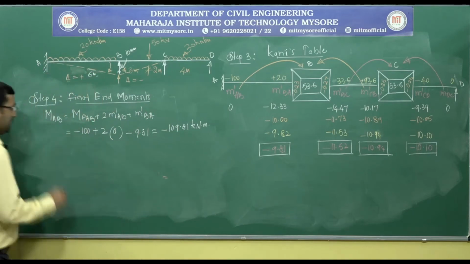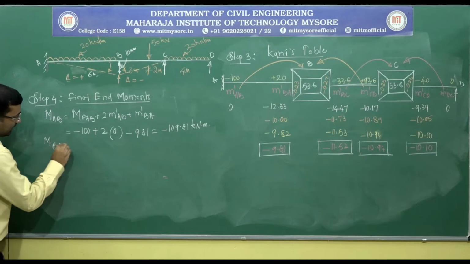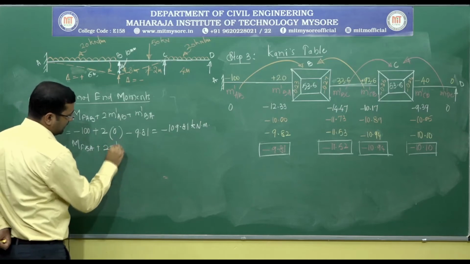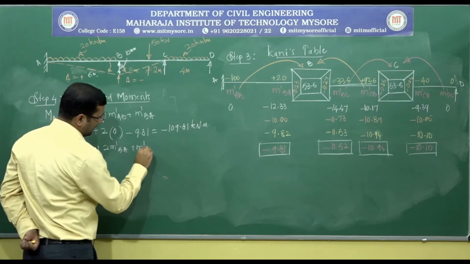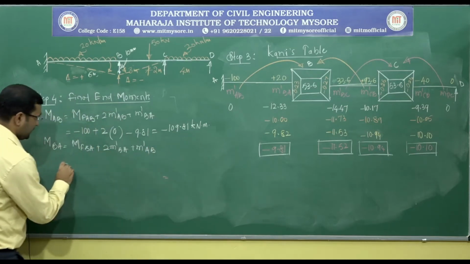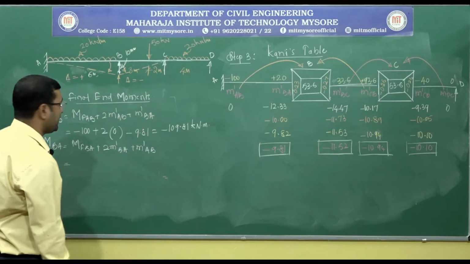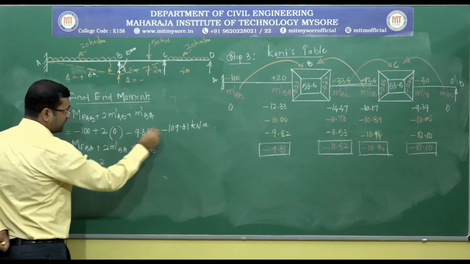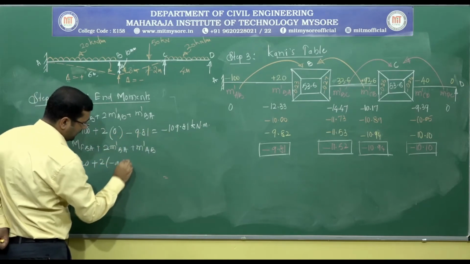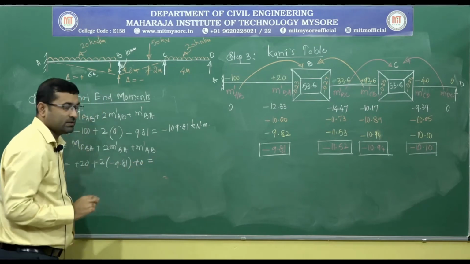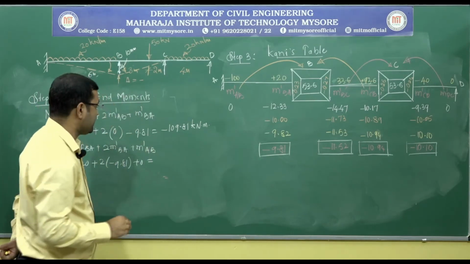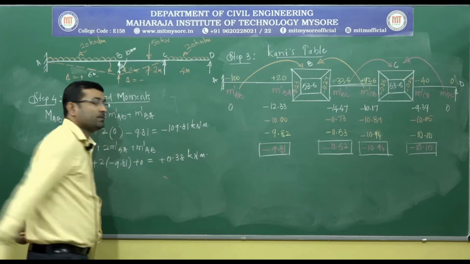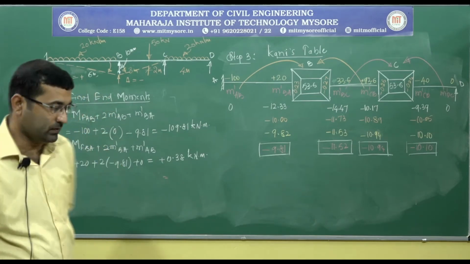Now, if I repeat it for the other moment, that is MBA, it is MFBA plus 2 times the M dash BA plus 1 times M dash AB. As per our calculation, MFBA is plus 20 plus 2 times the minus 9.81 plus 0. This gives you a value of plus 0.38 kilonewton meter.